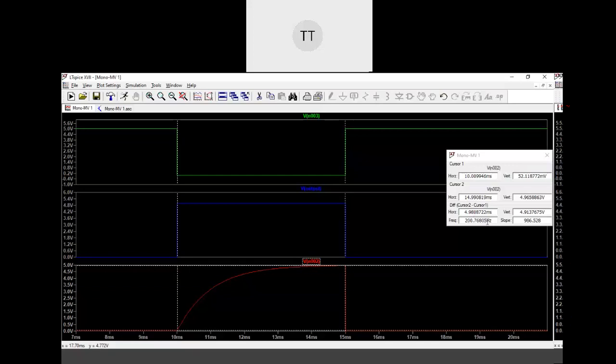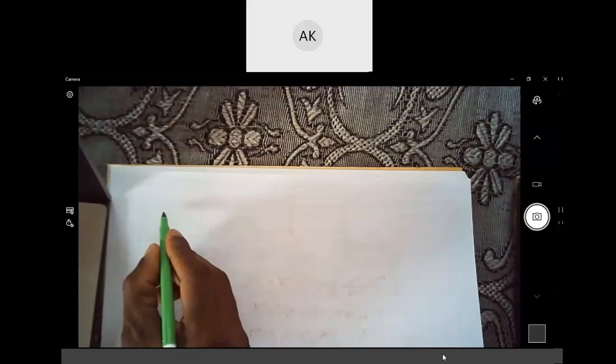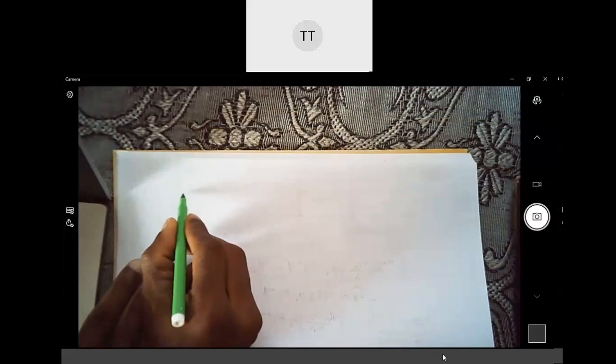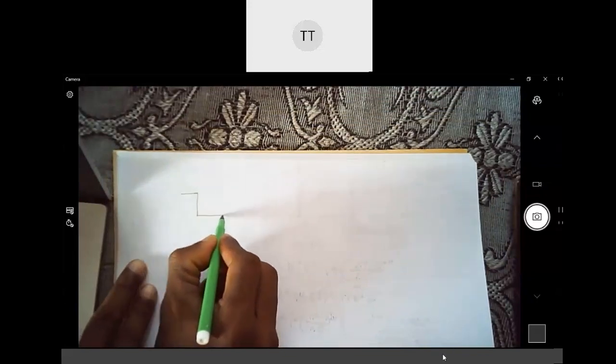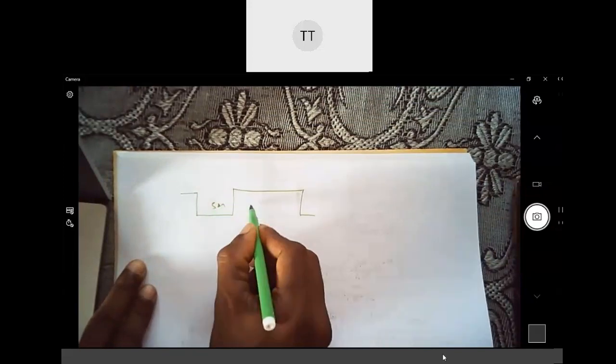Let me come back and show you in my drawing. This is the trigger signal that I have given. This is for 5 milliseconds.